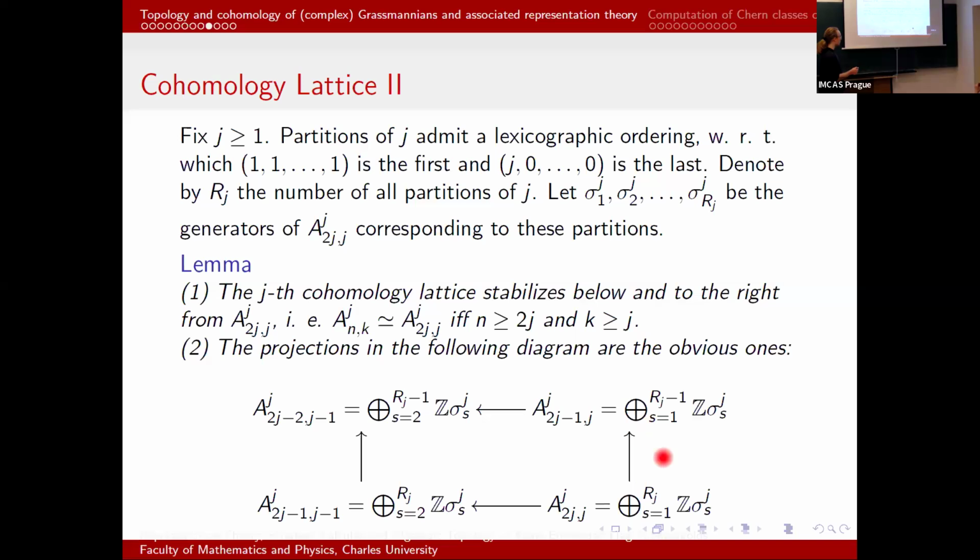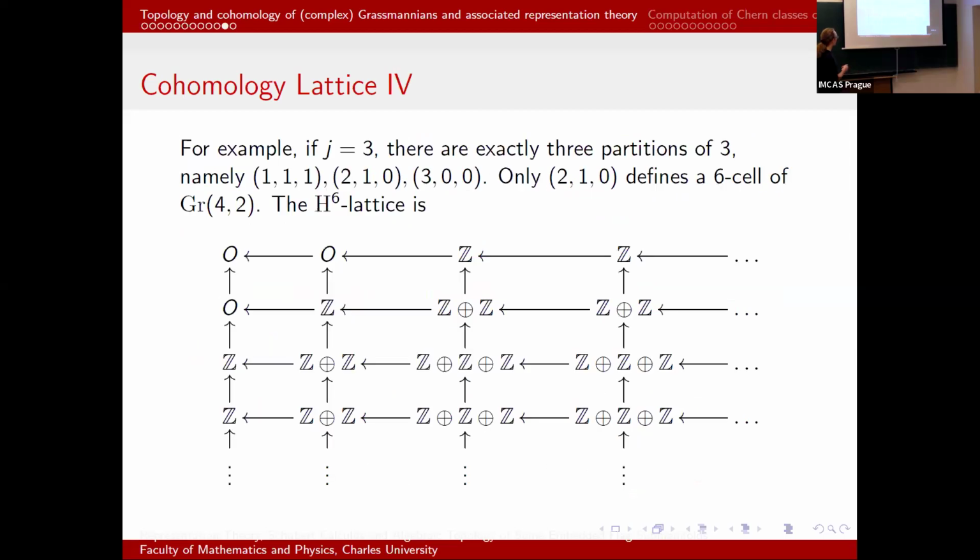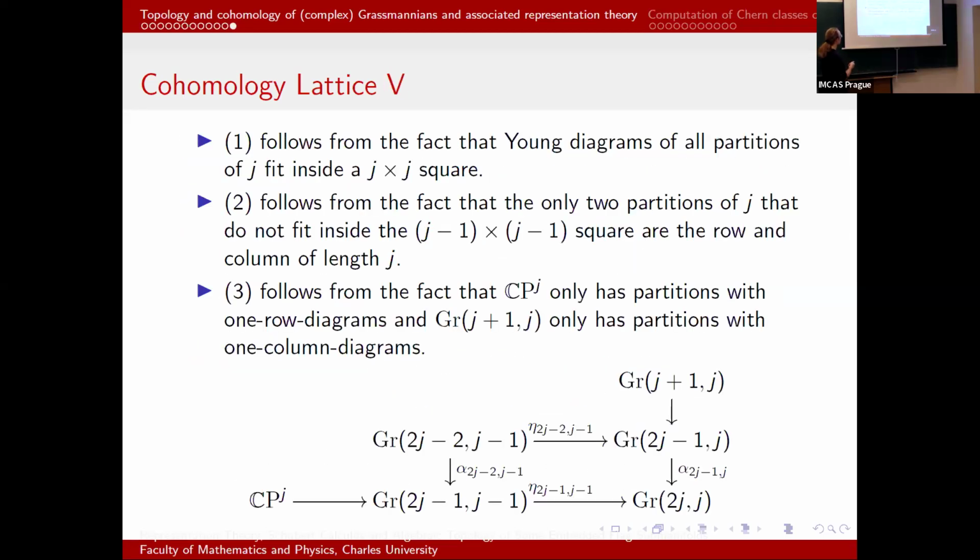So if we go up, we forget the last partition, and if we go to the right, we forget the first partition. The first point of the lemma follows from the fact that the Young diagrams of all the partitions of J fit inside the J times J square.